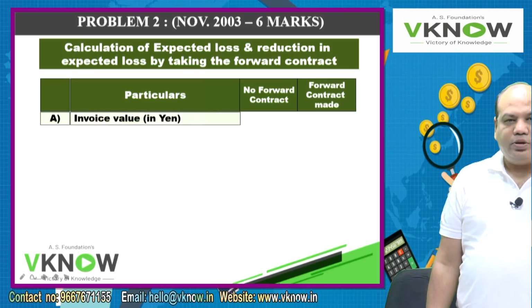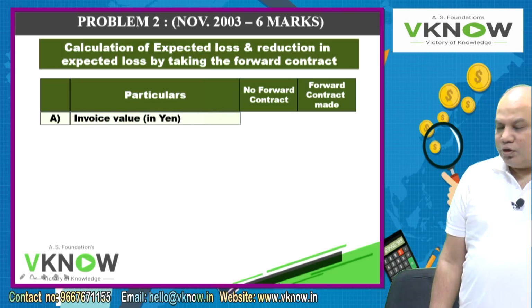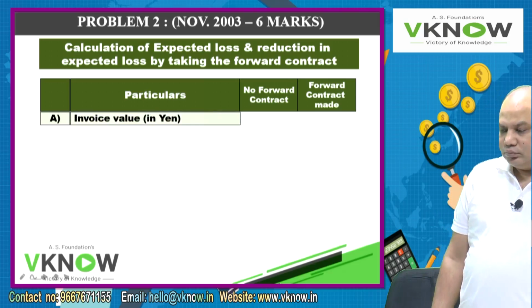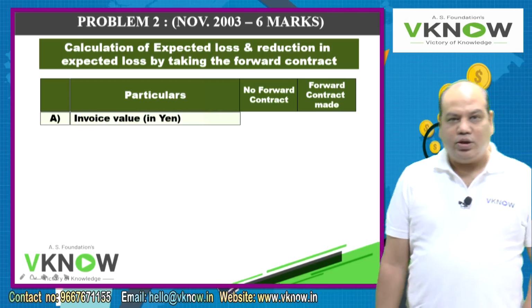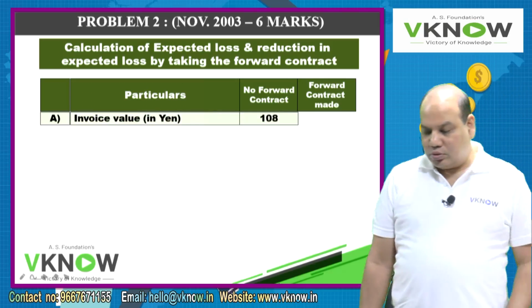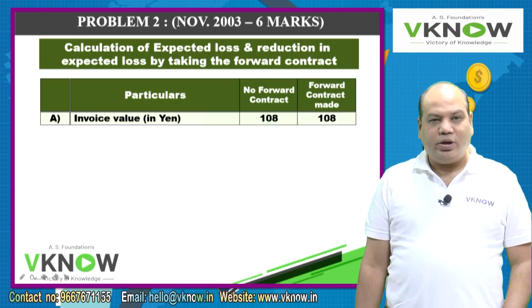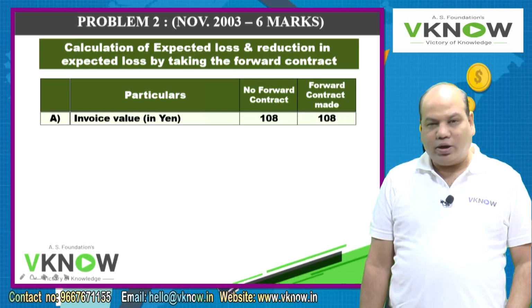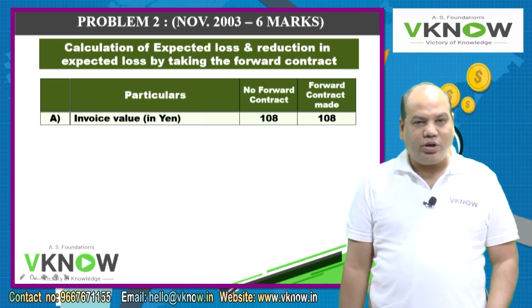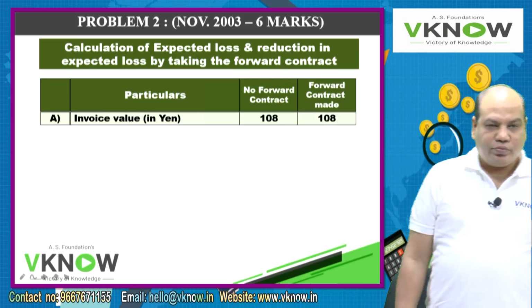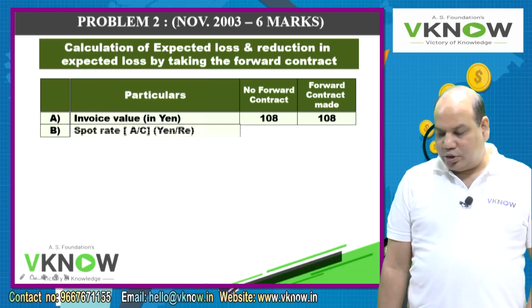Write down first point number A, invoice value in yen, 108. In bracket in lakhs. One more thing, write down in lakhs.